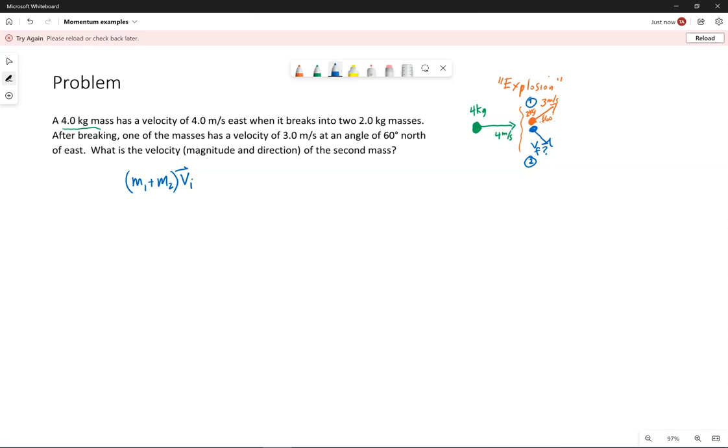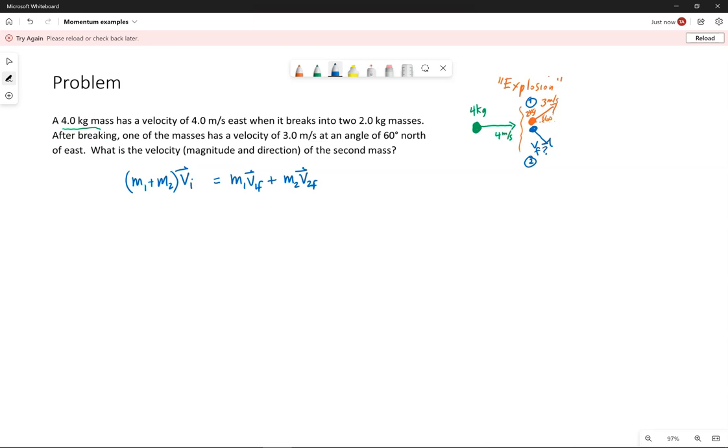So the total mass times that total velocity initially, that's the initial momentum of the system, has to equal the momentum of mass 1 plus the momentum of mass 2 finally, not initially. So the initial momentum of the system is becoming final momentum of the 2 individual objects.